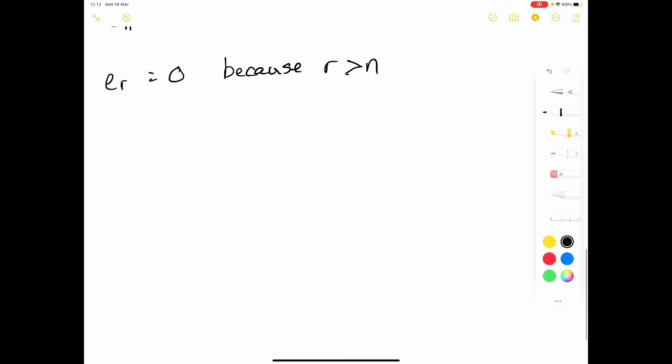To explain this better, I'm going to deal with a polynomial f of x. So f of x is equal to x to the n plus the coefficient a n minus 1, x to the n minus 1 plus a n minus 2, x to the n minus 2, and so on.